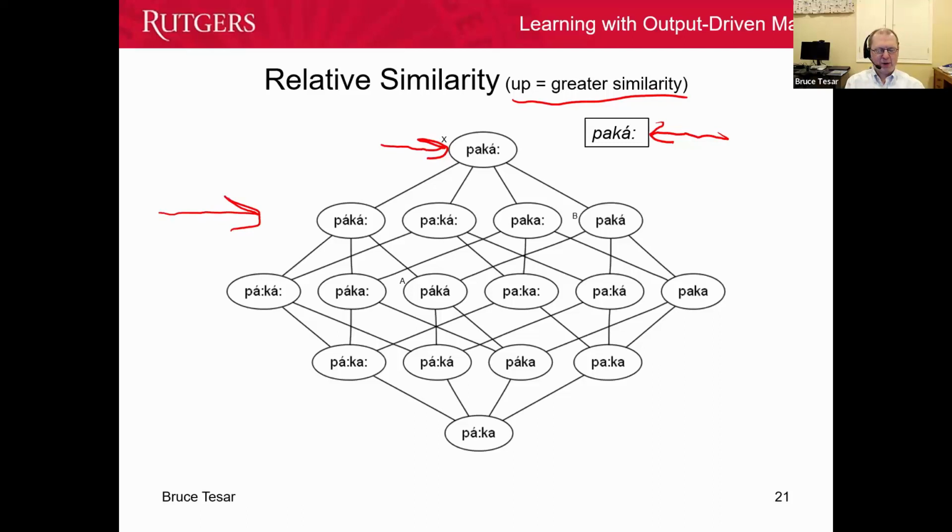This row represents an input that has a single disparity. This is a disparity in the first feature, i.e. stress on the first vowel. This is only a disparity in the second feature, length on the first vowel. A disparity in stress on the second vowel, a disparity in length on the second vowel. And then as you work your way down, this row are all inputs that have two disparities.